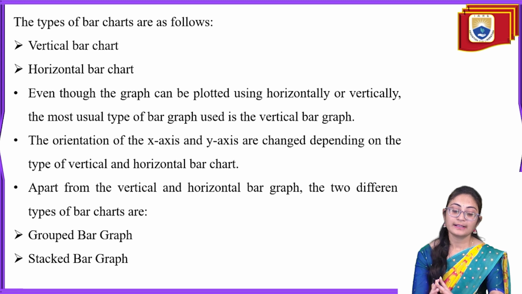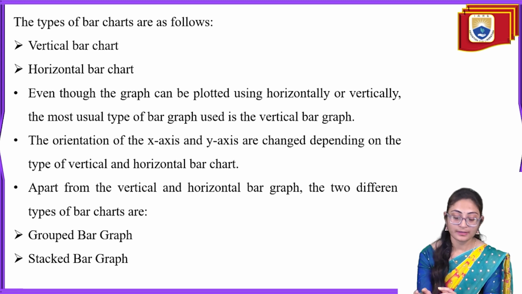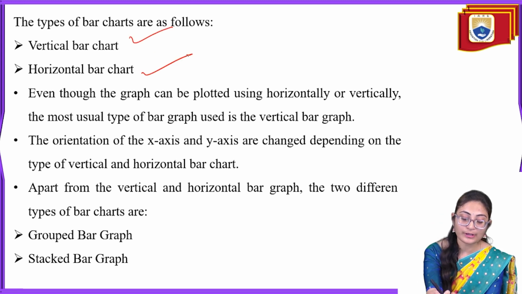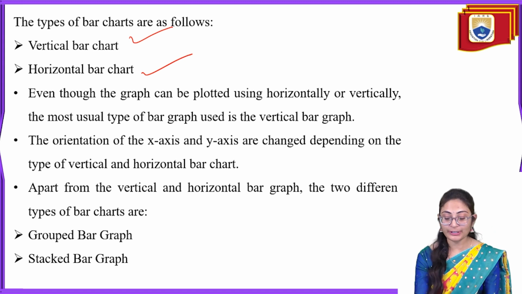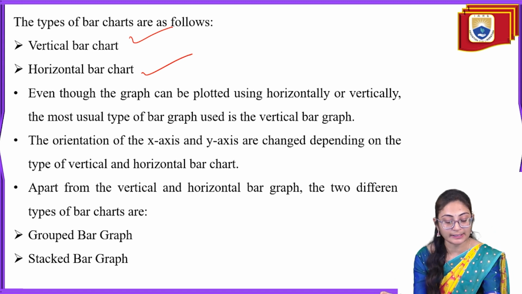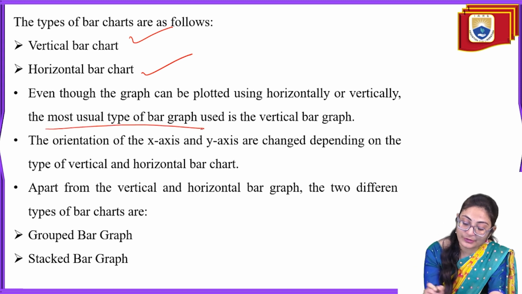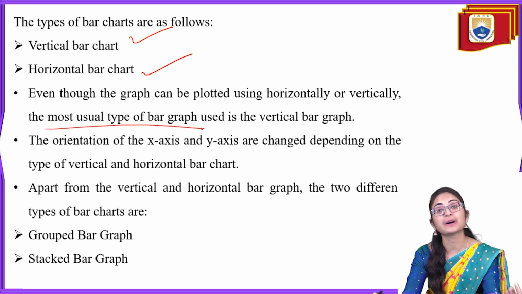Now, the types of bar charts are the vertical bar chart and the horizontal bar chart. Even though the graph can be plotted horizontally or vertically, the most usual type of bar graph used is the vertical bar graph.